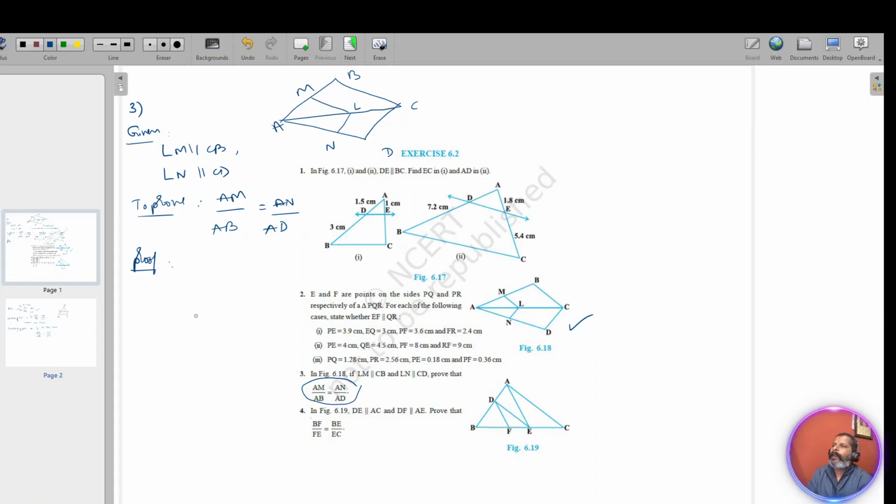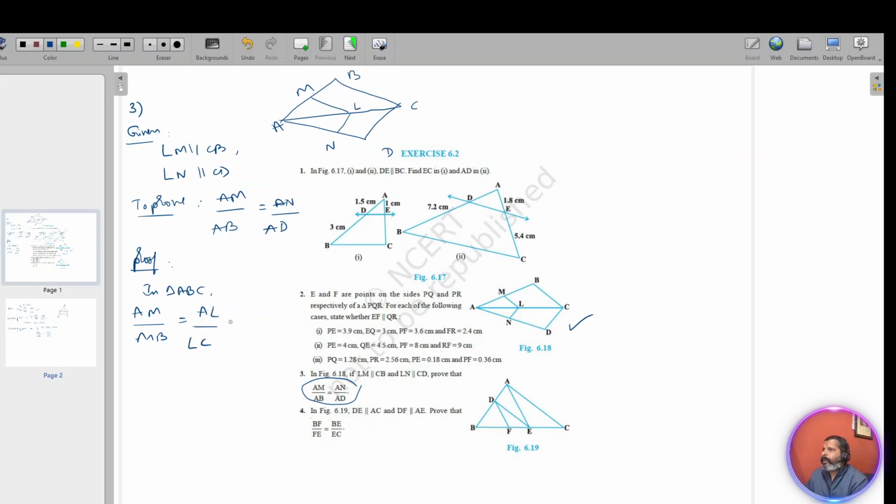What is the proof? You observe the given figure in this way: ABC is one triangle, ACD is another triangle, and apply the BPT. Okay, I'll just show how we do that. In triangle ABC, AM by MB equal to AL by LC.